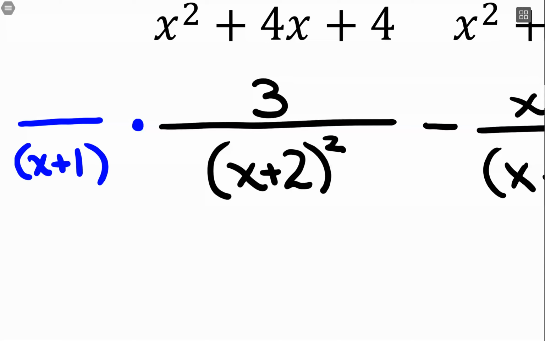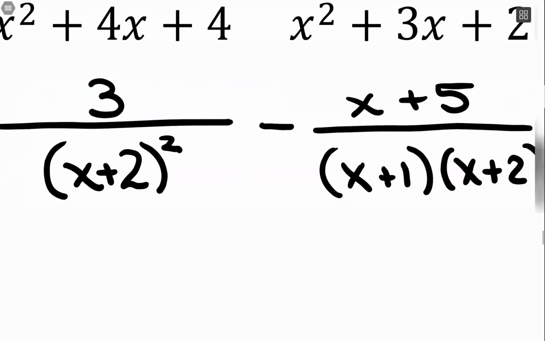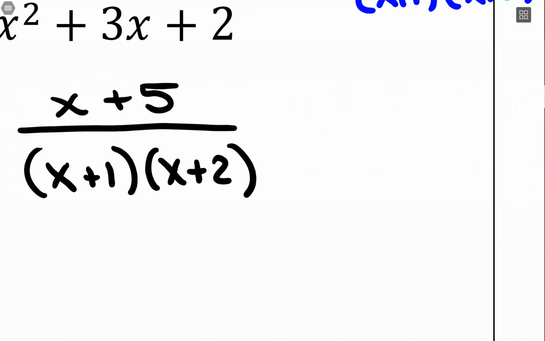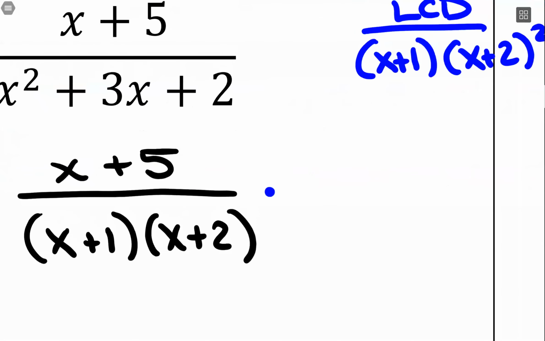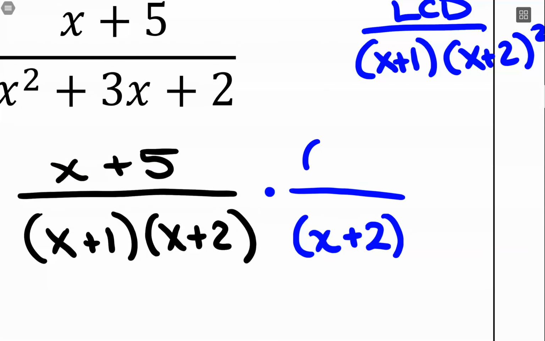And whatever I multiply in the denominator, I have to multiply in the numerator as well. For this term here, we have everything, but we need another x plus 2 multiplying on. So I'm going to multiply by another x plus 2, multiply by x plus 2, and just remember that we have those parentheses there around that x plus 5.